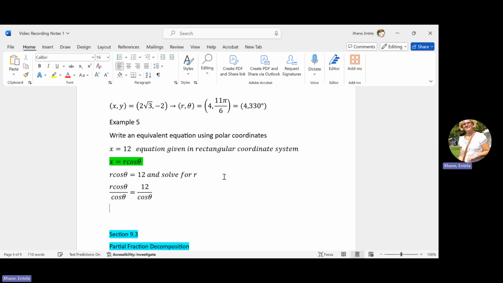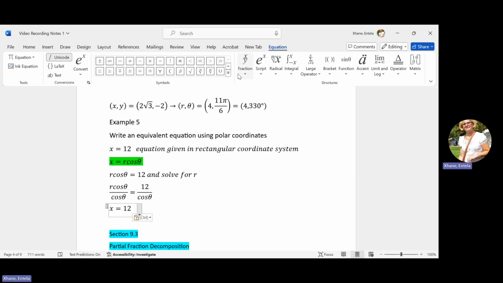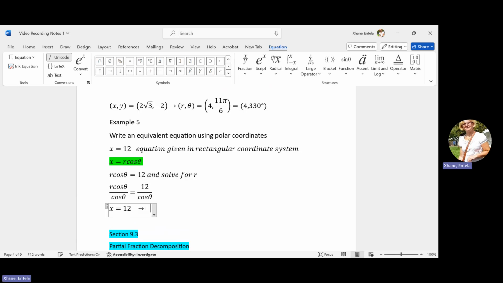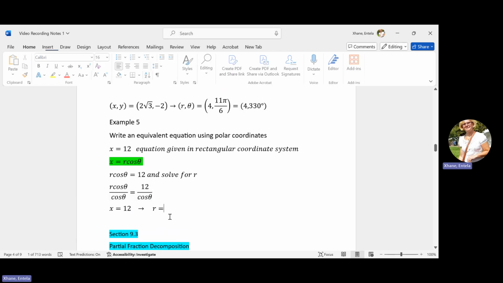So that's going to generate the corresponding of this equation, x equals 12, into the polar system, and the corresponding is r equals 12 over cosine of theta.